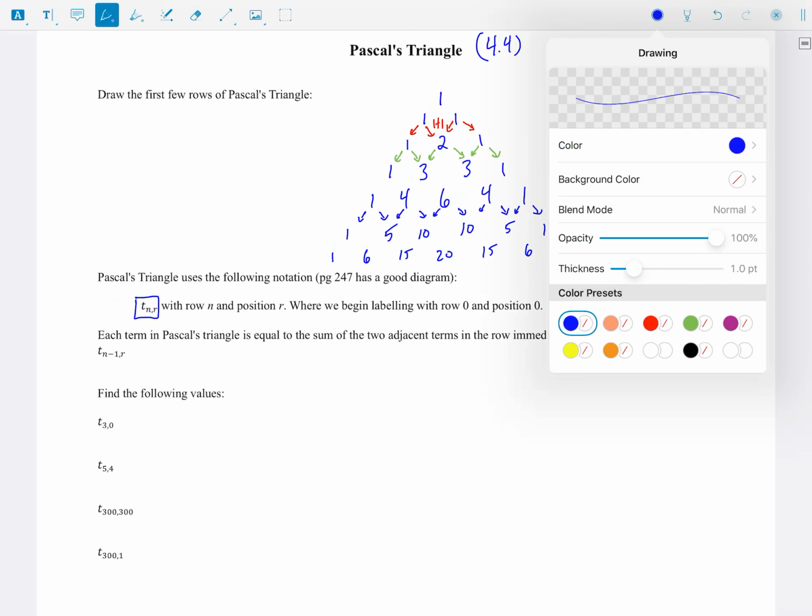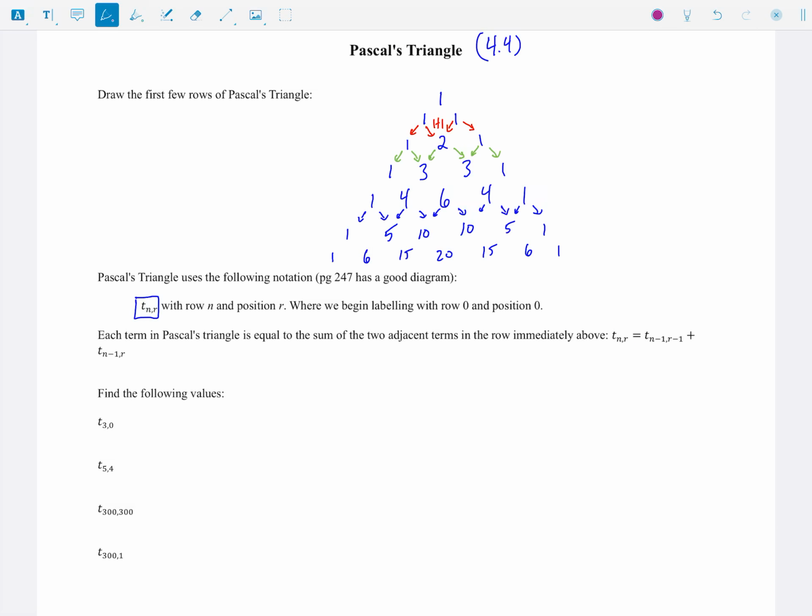So if we go up to this top triangle here, this would be row 0. And this would be row 1. Row 2. Row 3, and so on.